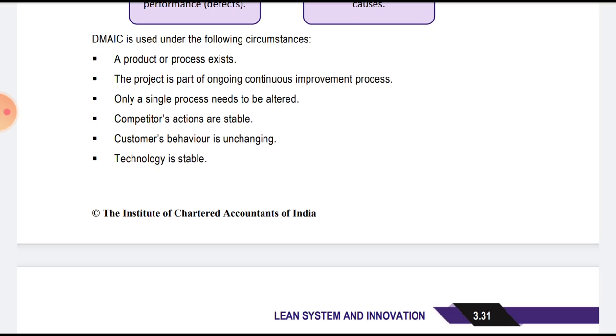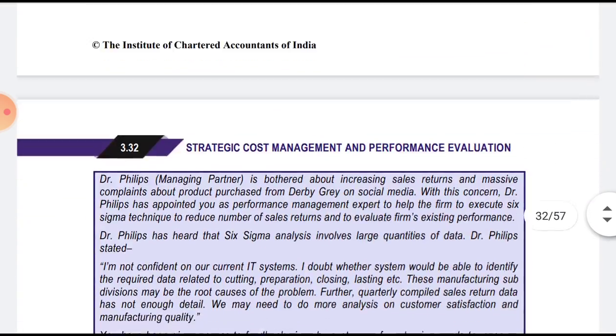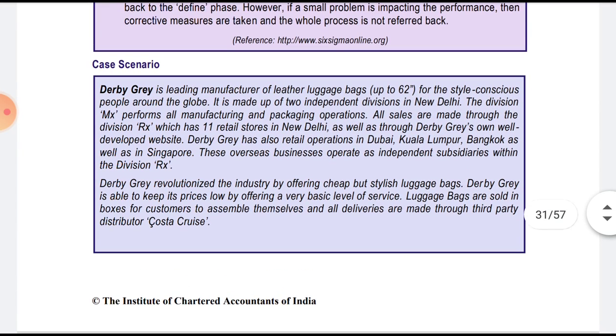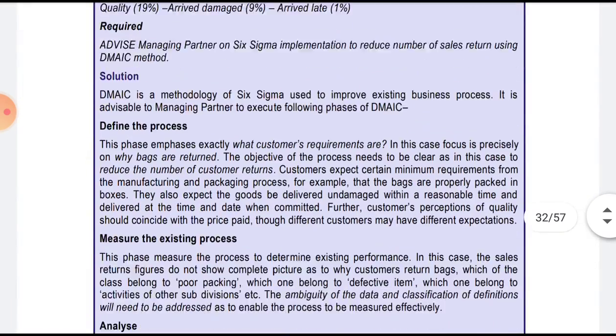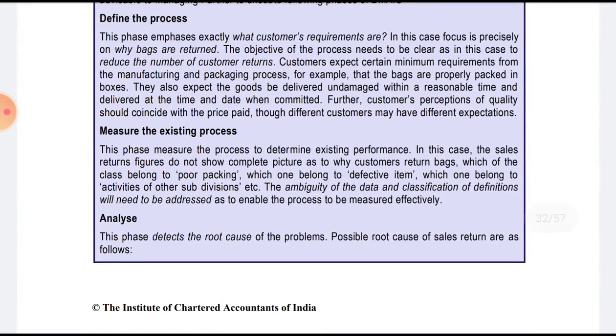On that basis we have answered with the same 5 points: first define, then measure the current performance, then analyze the root cause, then improve the process and eliminate the root cause, and then control. The same 5 points have been written linking with the case study asked.